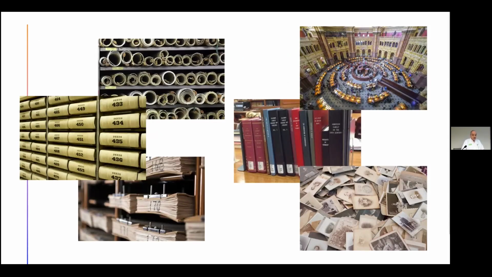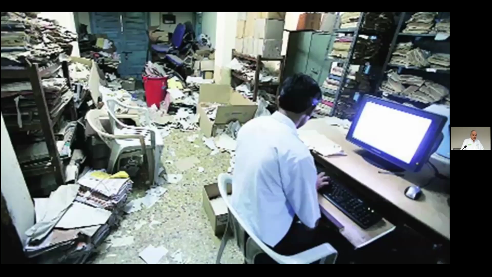And if you are looking in some countries, not Western Europe, this is the Vital Records National Archives for this particular country. And that's not the worst I've seen. The worst I've seen was a 2-car garage.